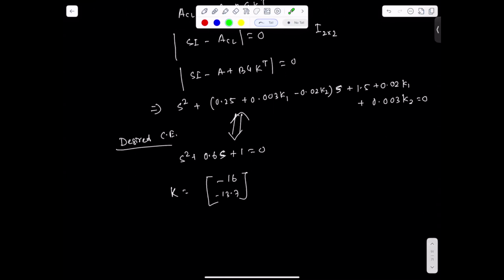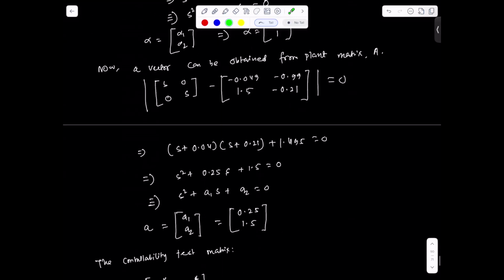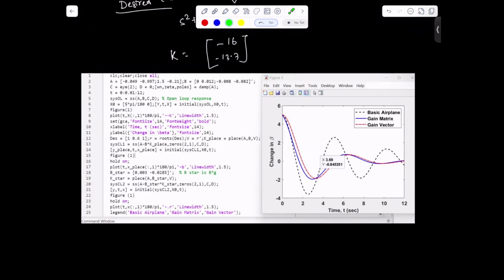So now we can go to the MATLAB code, how we can solve this problem in MATLAB. So this is the MATLAB code for this problem. We have done it for beta, and the dotted line is the bare airplane, and the solid line is with the gain matrix and gain vector.